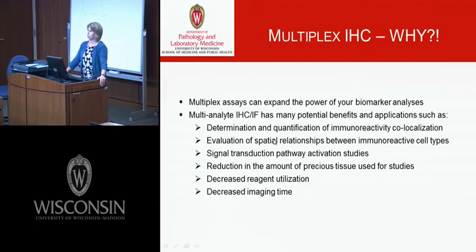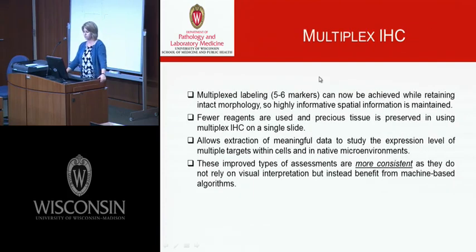Evaluation of spatial relationships between these immunoreactive cell types, studying signal transduction pathways. Most importantly, you're reducing the amount of tissue that you're using for these studies by performing multiplex studies. You're decreasing the amount of reagent. And for those of us that are interested in imaging modalities, you're decreasing the time that you're spending at the microscope and at the computer.